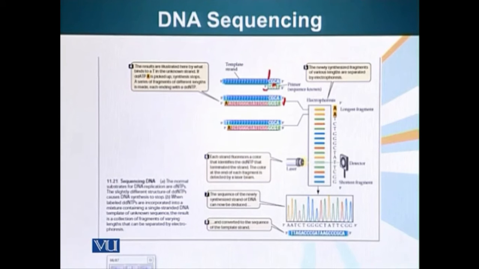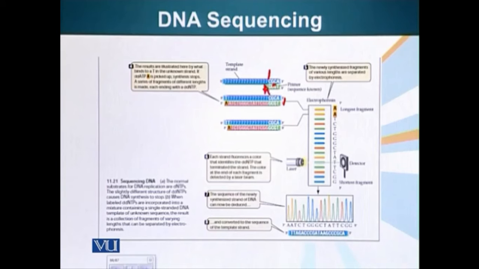So when the base is added, if it is a normal base, it is fine. But if it is one of those special bases that we talked about, dideoxyribonucleotide bases attached to a specific color, the reaction will stop right here. So we will basically generate a DNA band, which is short.